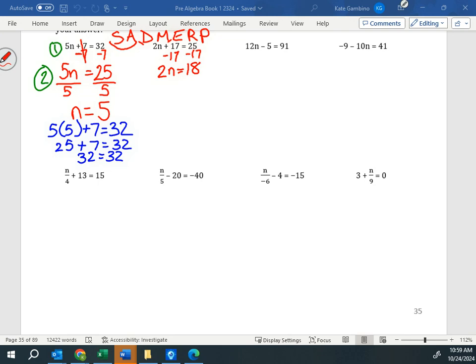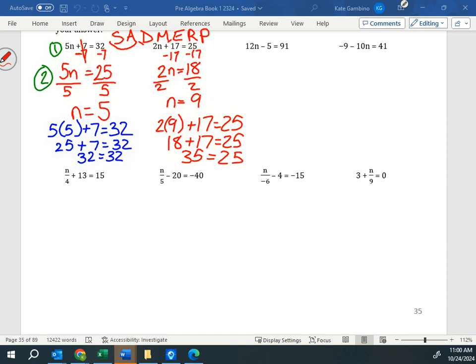She put 18, and then if I divided by 2, I would have gotten n equals 9. Then I'm going to put 9 in to check my answer. 2 times 9 is 18, plus 17 is 25.